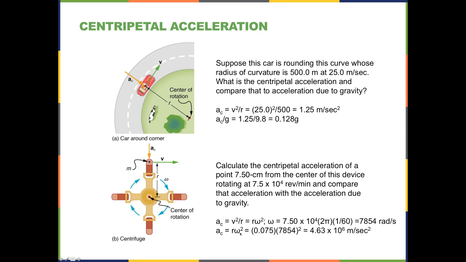You multiply the angular velocity squared times the radius of curvature, converted to meters, and you get a centripetal acceleration of 4.63 times 10 to the 6th meters per second squared. Radians goes away, and the meters take its place in the label. Comparing that to g, it turns out to be huge, 4.72 times 10 to the 5th g.